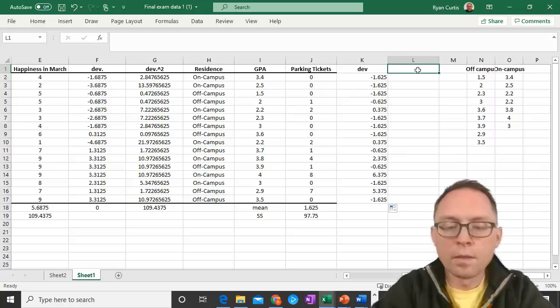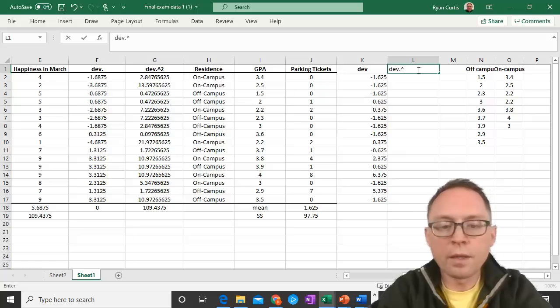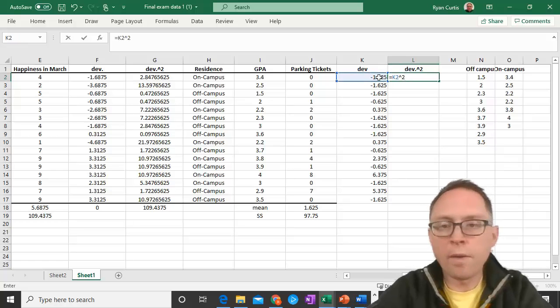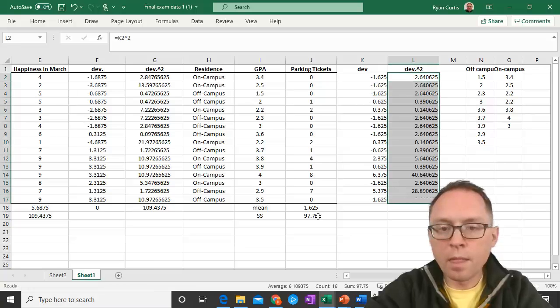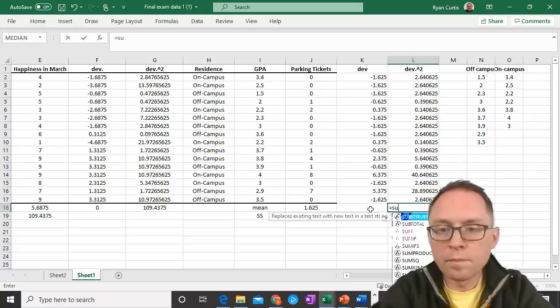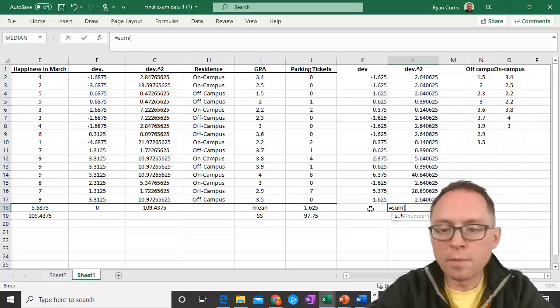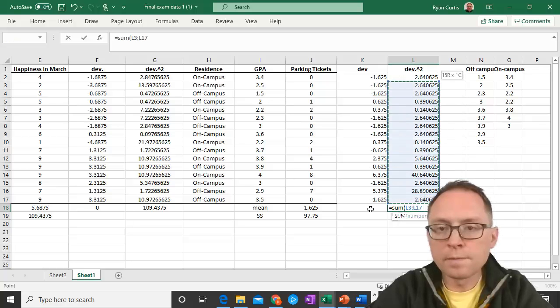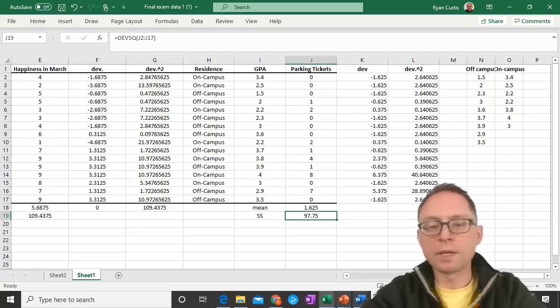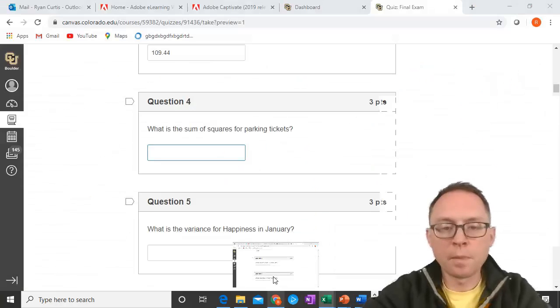And then deviation squared is each one of these squared. Then I'm going to add them up. The sum of all of these, 97.75, the same thing. 97.75 is the answer.